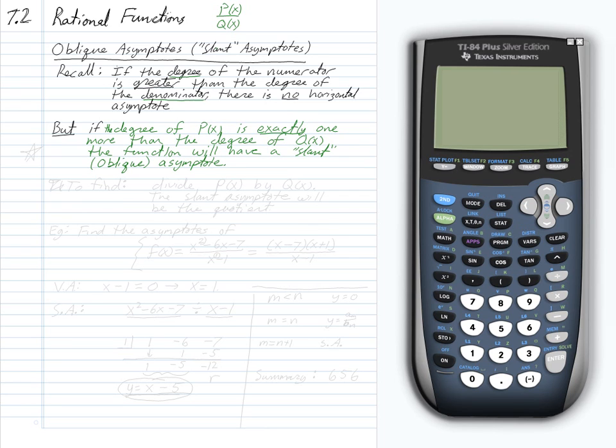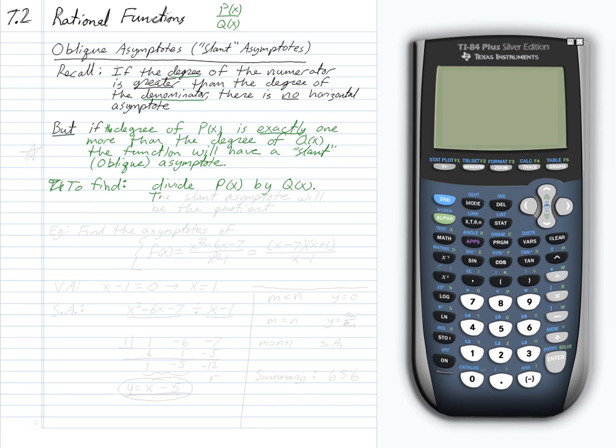Now, the way that we find the equation of this oblique asymptote, to actually figure out where it is and eventually graph it and use it to constrain our rational function's graph, is to perform the division. So we will divide p of x, our numerator polynomial, by q of x.